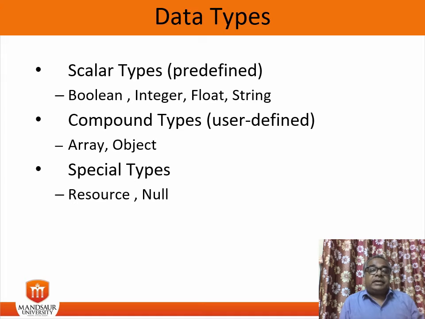Now the last data types are the special types, resource and null. First, the resource. Resources are not an exact data type in PHP, but basically they are used to store function calls or references to external PHP resources. For example, a database call, where we pass a query.